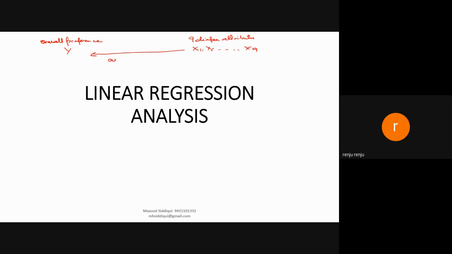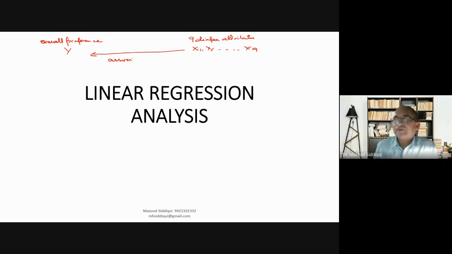So a type of associative relationship is to be examined. And as you see, the direction of the relationship is unidirectional, so we are examining a dependence relationship.